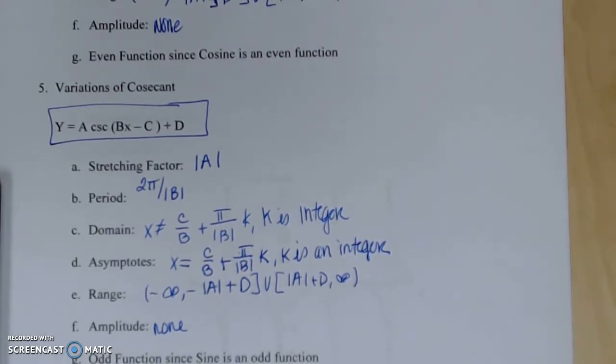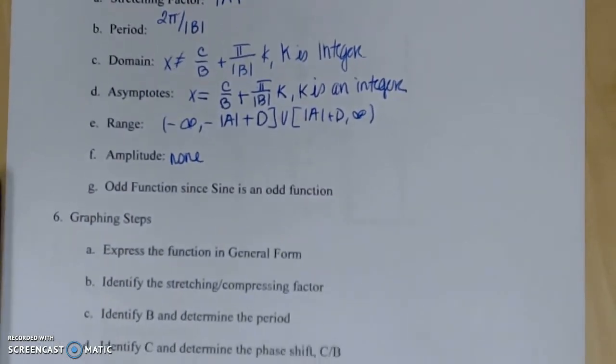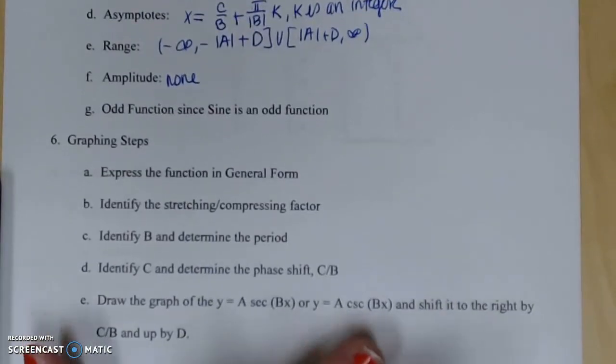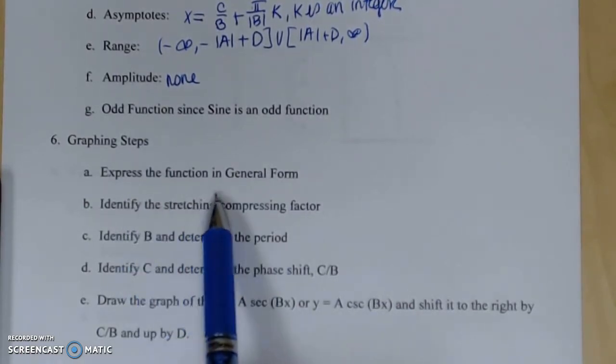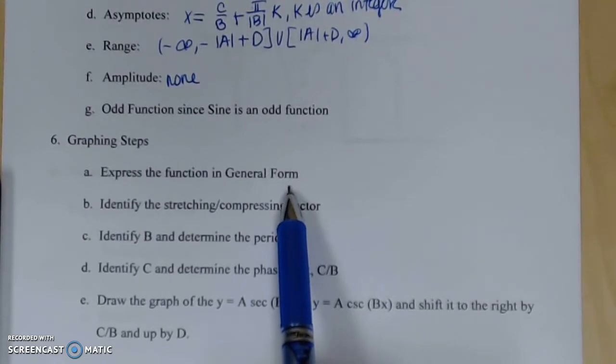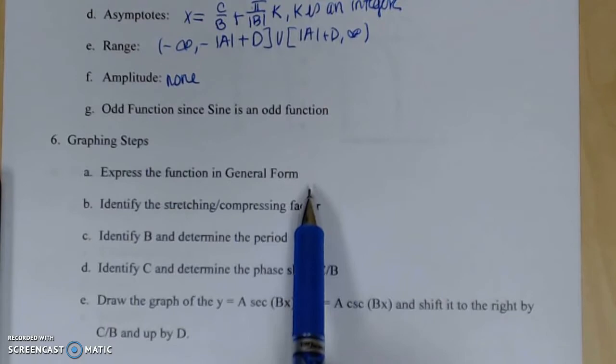And so to put this all together, and I know variations, that's just rehashing what we already looked at in cosecants just a minute ago, but summing it all up and looking at your graphing steps, similar to what you've seen in other lecture videos. You first want to express the function in general form. So you want to look to those A's, B's, C's, and D's and how those are going to work for you.